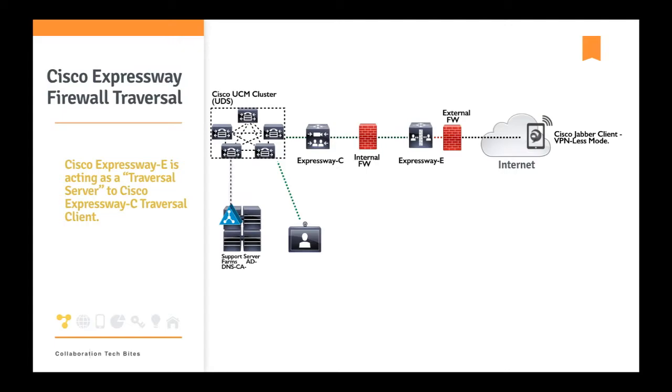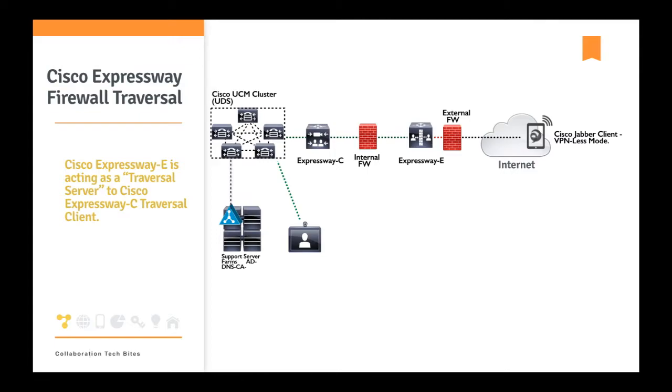Now let's look at the concept of Cisco Expressway firewall traversal. Positioning Expressway E and Expressway C, which are the two major components of Cisco Mobile and Remote Access, requires internal communications between Expressway E and Expressway C. Both of them need to have an always open tunnel on the internal firewall.